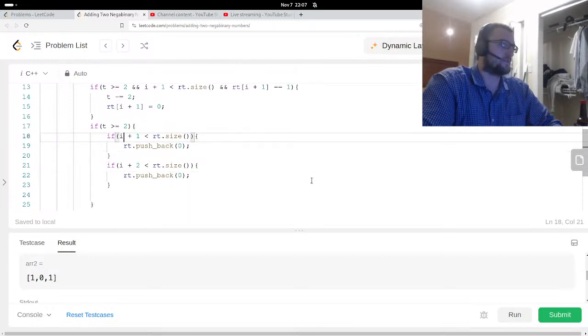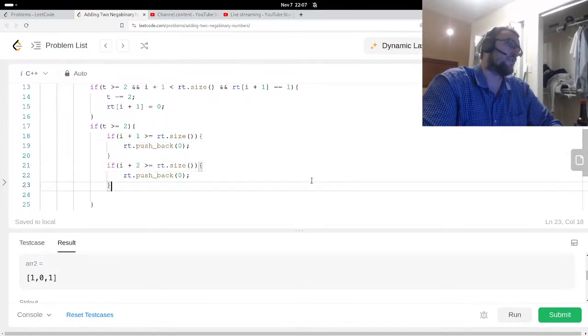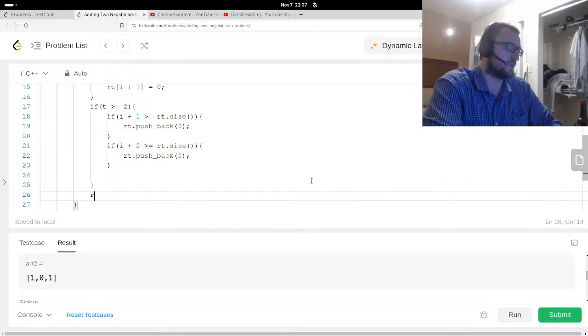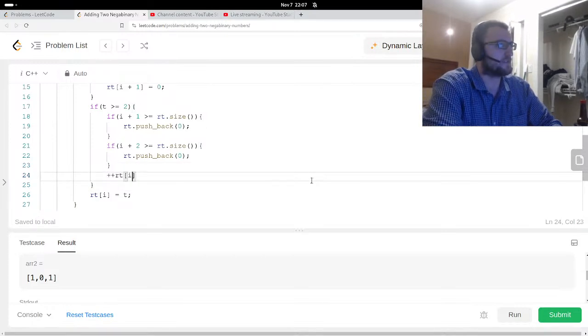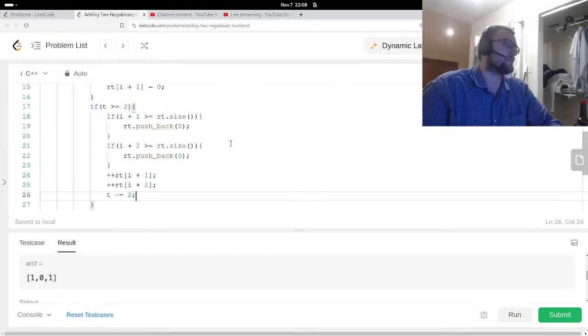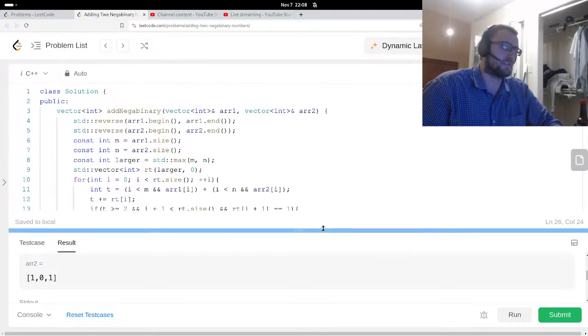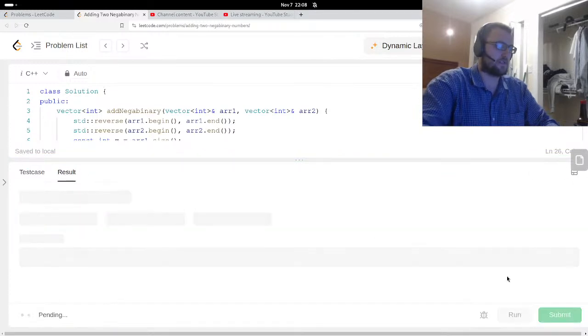Excuse me, it's greater than or equal, I should say. We're going to set rt of I equal to t. And here we're going to increment both of these, rt of I plus 1, rt of I plus 2, and we're going to decrement t by 2. Okay, hopefully this is all I need to do. Something like this.